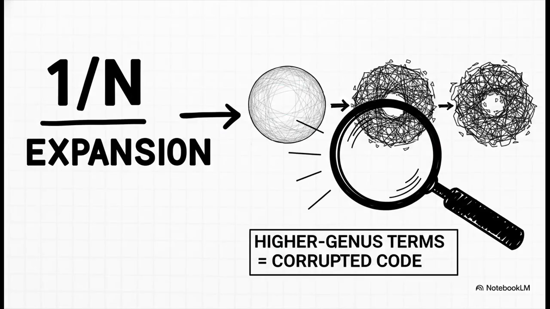There's this mathematical tool called the 1/N expansion, which helps us get a handle on this. The easiest way to think of it is as an accounting system for complexity. The more complex and corrupted the code gets, that's the algorithmic debt we talked about, the higher the genus terms in the expansion become. And that complexity, that debt, is what creates the computational friction that we actually feel and perceive as gravity.